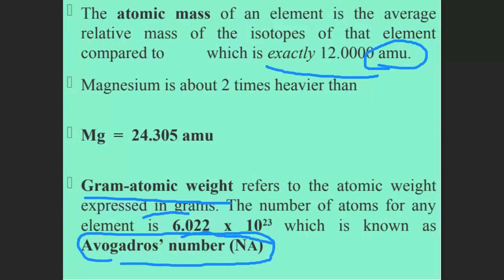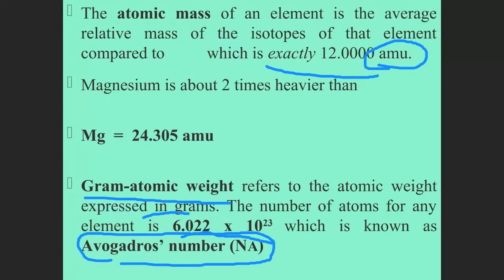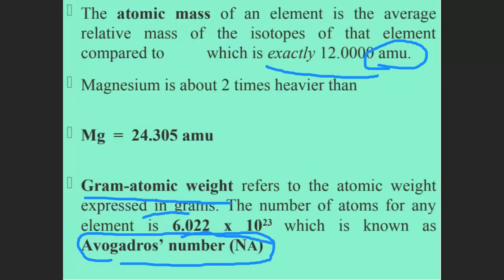So when the atomic mass is expressed in grams, we say this is gram atomic weight or gram atomic mass, quantitatively. However, we have to fulfill the condition that this amount of magnesium must contain 6.022 times 10 to the power 23 atoms.